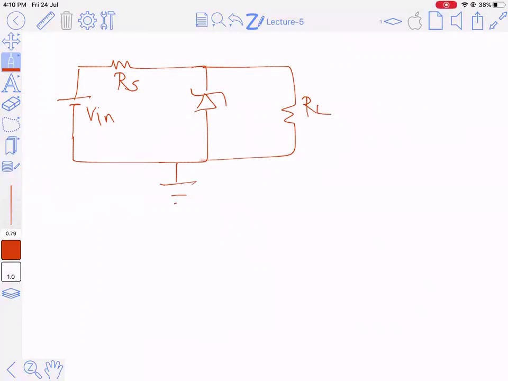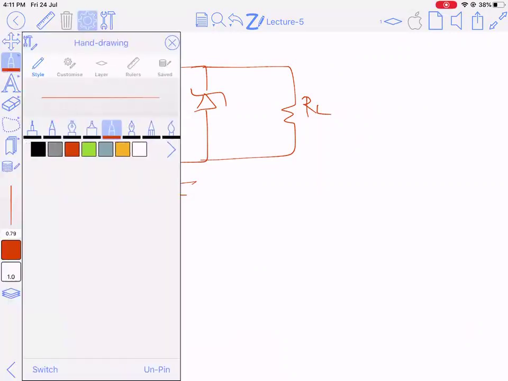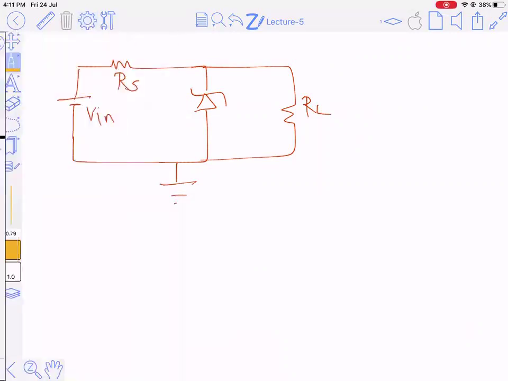Now, how is the current flowing and what voltages you need to mark in this circuit? See, the voltage across this branch over here is your output voltage, right? The voltage across Zener, please note what notation I'm putting.